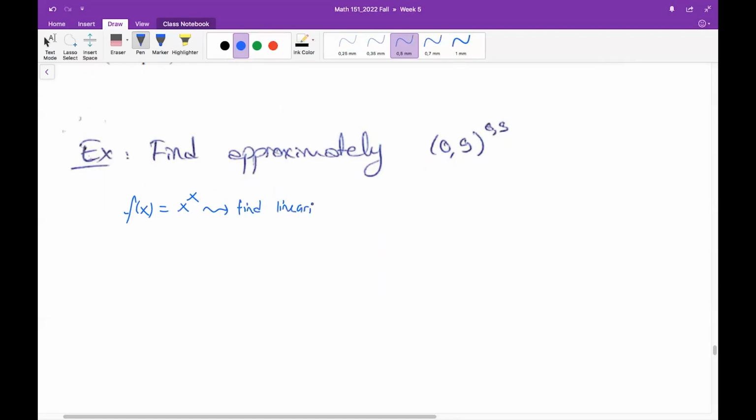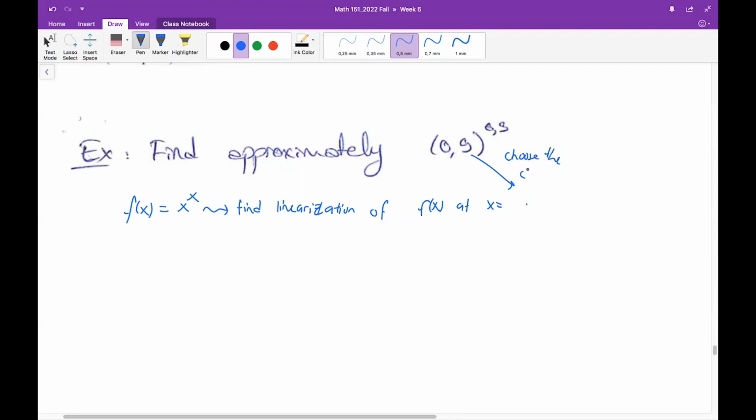Find the linearization of the given function f of x at which point? Here, for the tangency point, so for the point a that we discussed above, you will choose some particular point to create your linearization function. And while you are choosing this point, you will take the nearest integer to the x value given there. Take the closest integer.